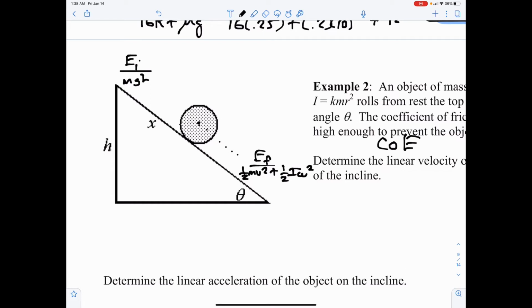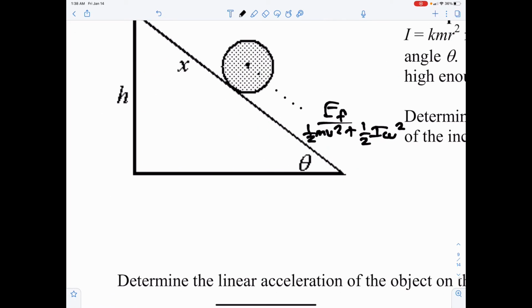It's a little of both. Remember, you have to substitute for I and for omega. Recall that I is equal to k mr squared, and that v squared over r squared substitutes for omega squared.